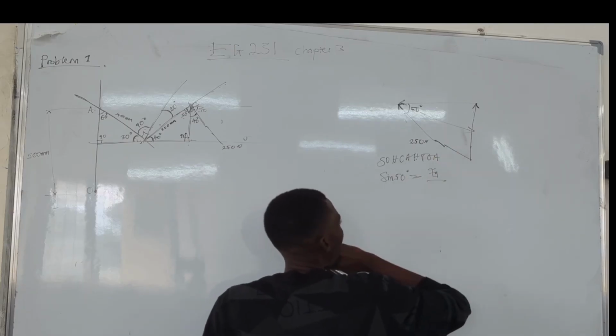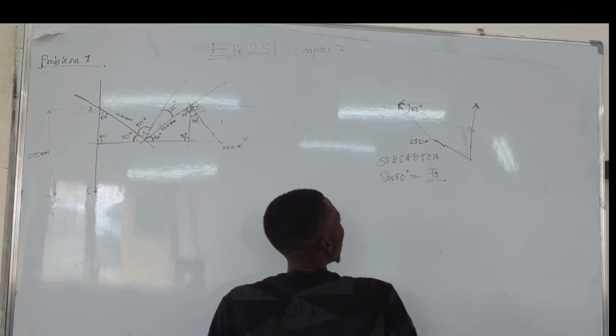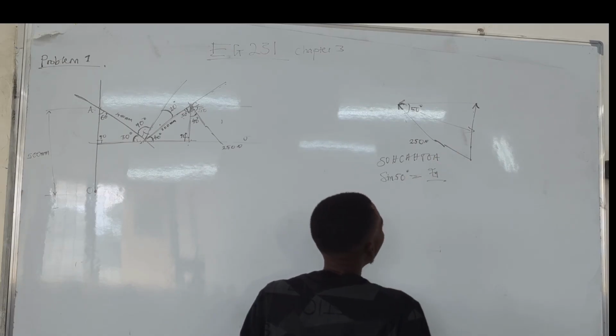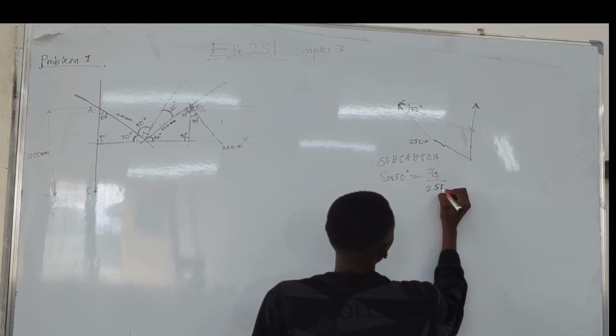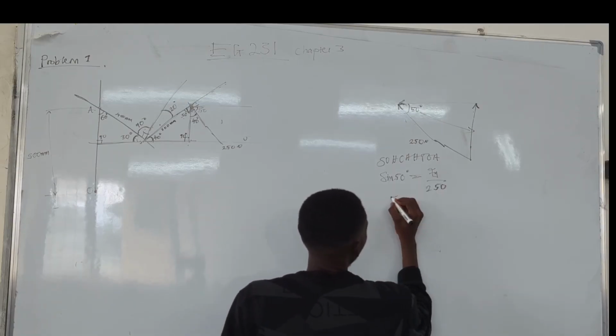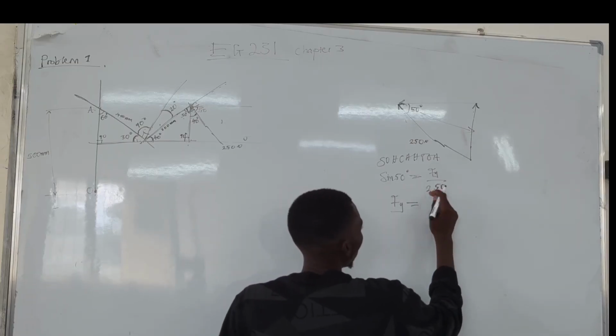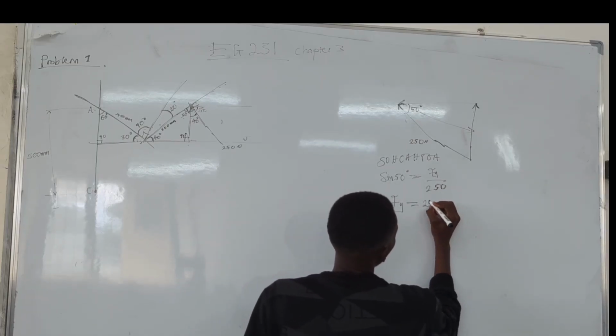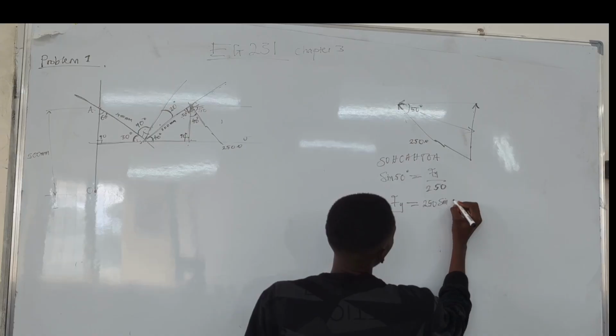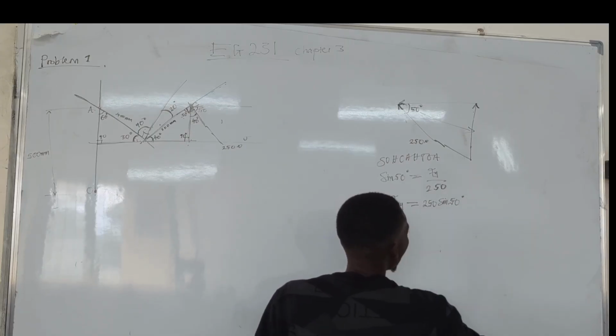What is our hypotenuse? Exactly. 250 Newton, okay? Therefore, force in the y is equal to sine 50 multiplied by 250. So 250 sine 50 degrees, okay?